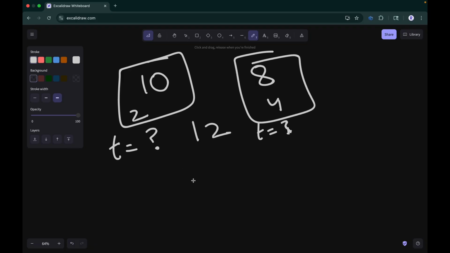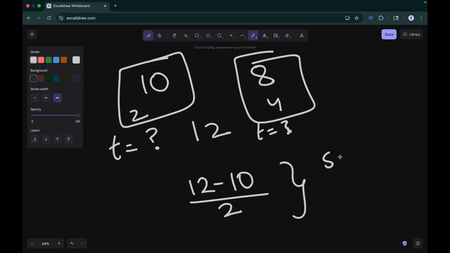To do that, I can just do 12, which is my target, minus 10, which is the initial position I'm in, divided by the speed I'm traveling at, because I'm essentially following the formula speed is equal to distance upon time, and we know time is equal to distance upon speed.